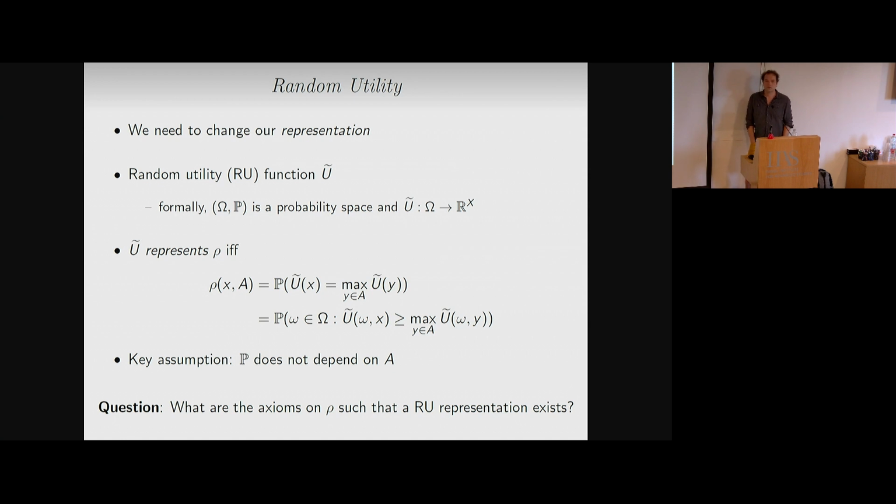I won't be talking about it today, but there are some identification results in the literature. In the deterministic version of the model, I did not talk about it, but there is no identification of the utility function because I can always cube the utility function.